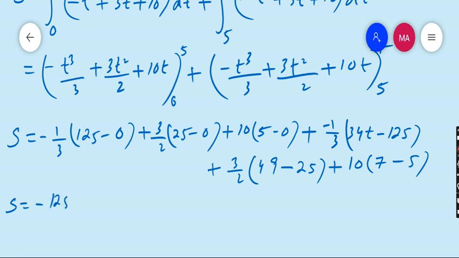S equals minus 125 upon 3 plus 75 upon 2, 10 fives are 50.